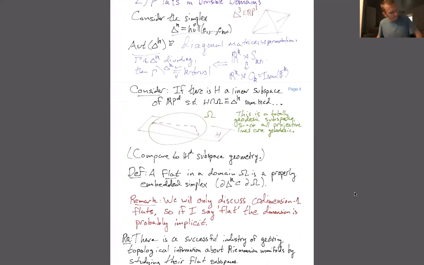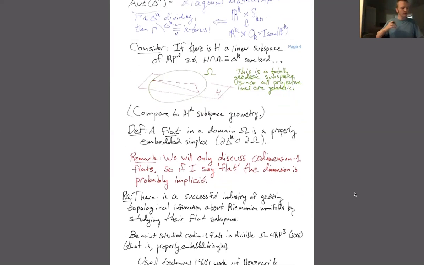Okay, so the thing to consider is that you could definitely have the following situation: you have your divisible domain omega, and you intersect it with some projective subspace of RP^d, and you could find that that intersection is projectively a simplex, right?